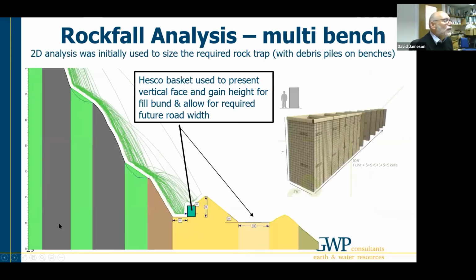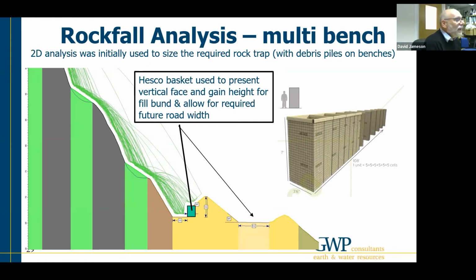So this shows an example of the initial 2D analysis that we undertook in order to size the rock trap at the bottom of the slope, to contain material and leave sufficient room to allow the road to remain open with a minimal amount of spillage over the top that needed to be cleaned up in order to allow access down into the bottom.